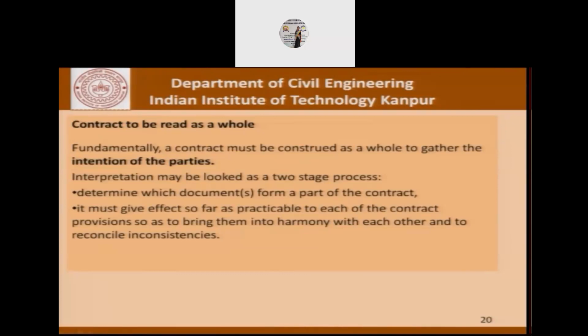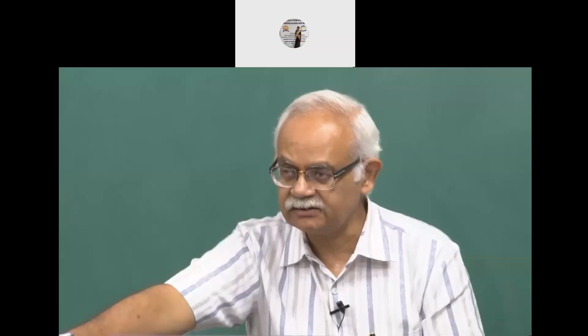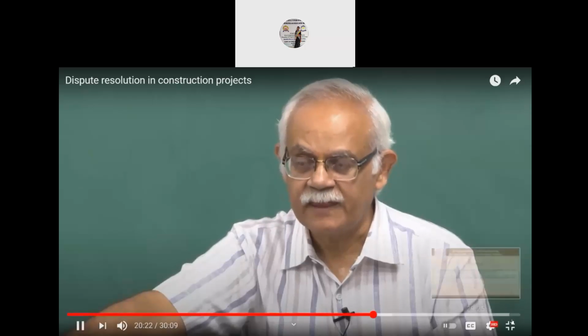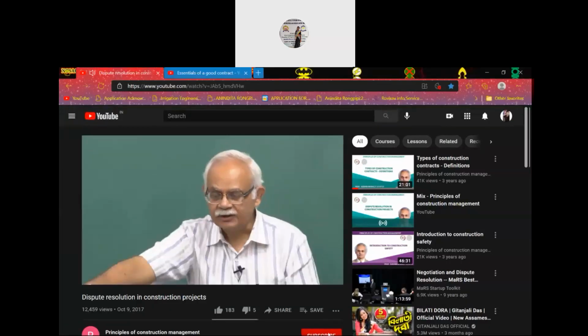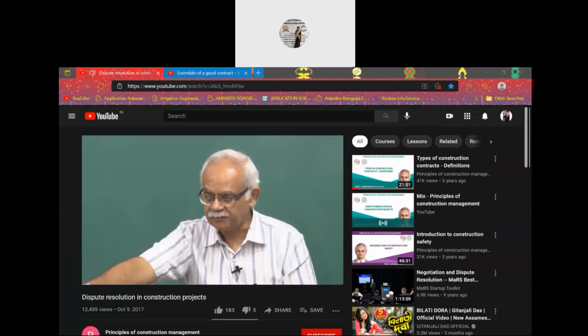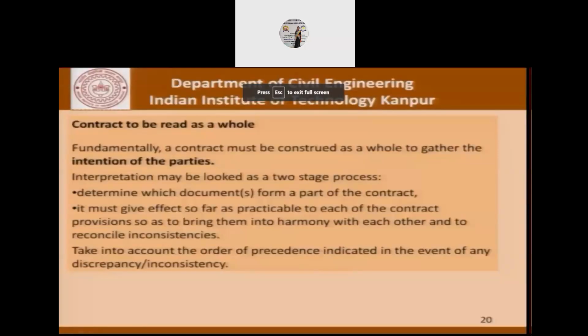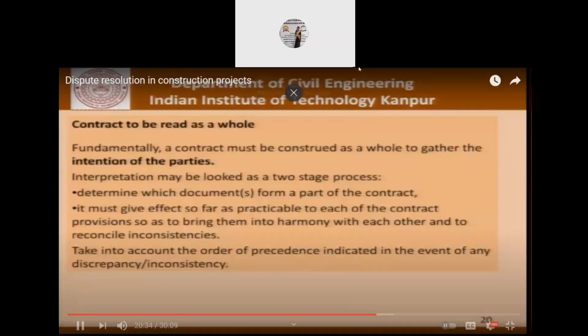The idea is that if there are different documents that are part of it, and there are inconsistencies, then it needs to direct an action to reconcile the differences, in order that the original intention of the parties is respected and taken into account in all the proceedings.